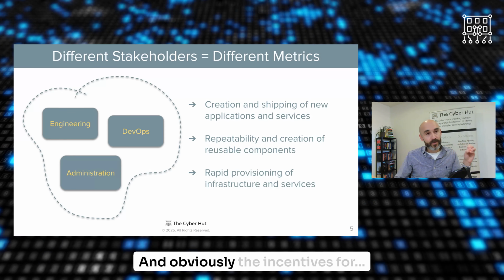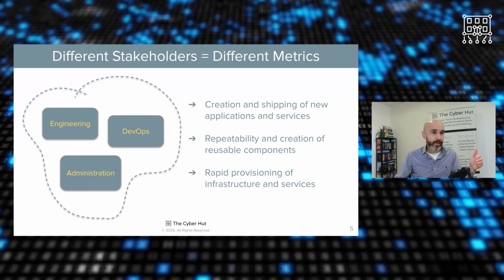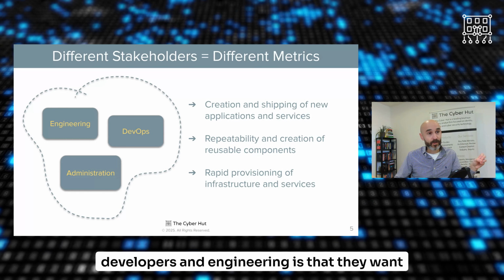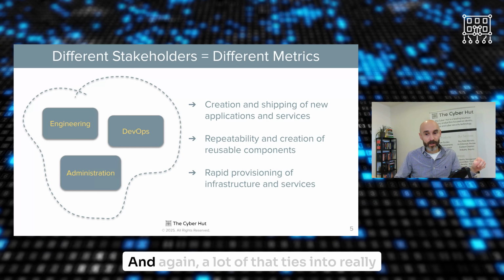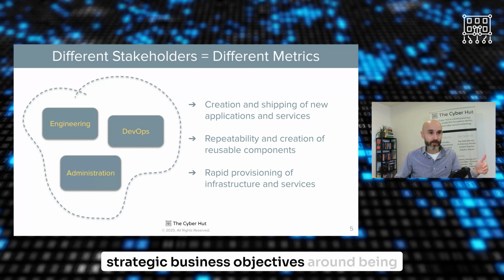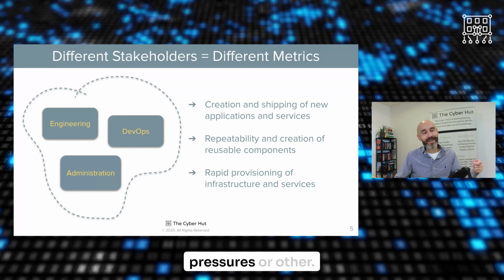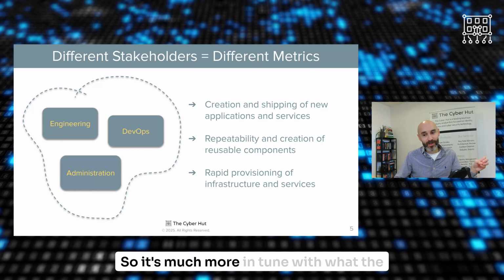And obviously the incentives for developers and engineering is that they want to create and ship new applications and services accurately, rapidly, in response to business need. And again, a lot of that ties into strategic business objectives around being first to market, responding to competitive pressures, or other. So it's much more in tune with what the business is trying to achieve.